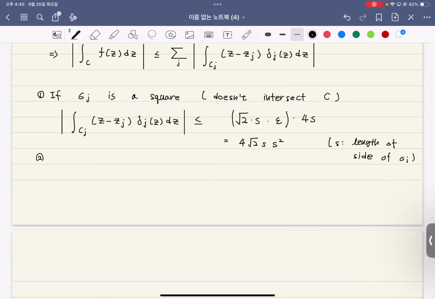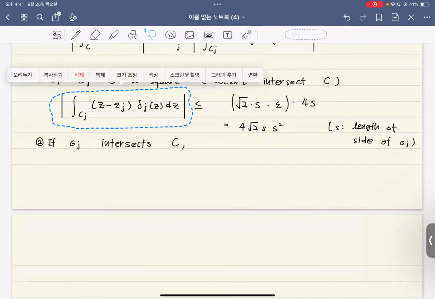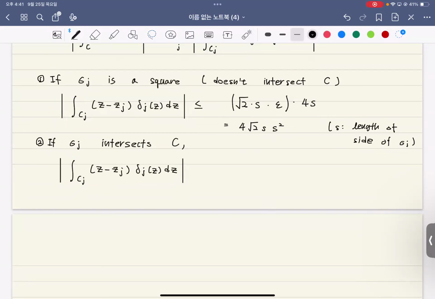And for case number 2, if sigma j intersects C, then again, the magnitude of this guy is bounded by square root of 2 times s. And this guy is also bounded by epsilon.